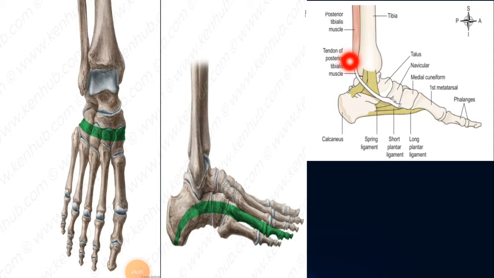It lies on the posterior aspect of the lower leg, and it originates from the middle third of the tibia and fibula, and its tendon, you can see here, is passing behind the medial malleolus, that was a downward projection of the tibia, and it is inserting into the navicular, cuneiform, cuboid, and the metatarsal bones. And this is a very supporting structure for the longitudinal arch.